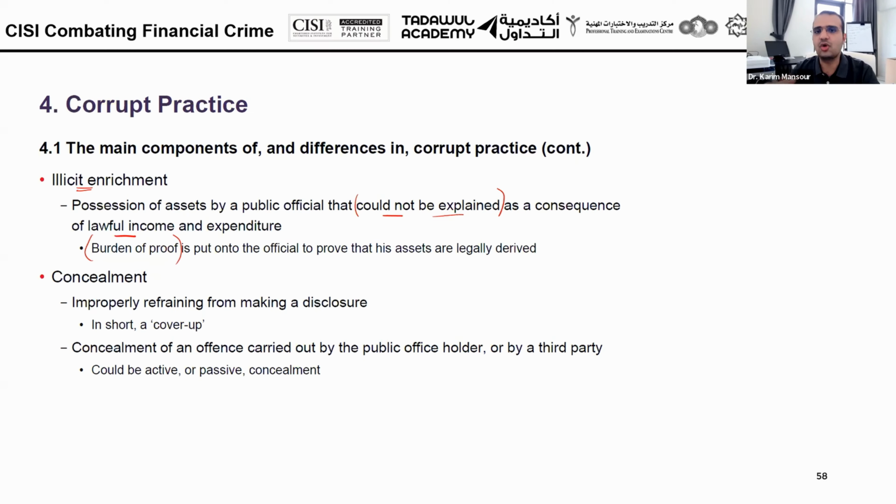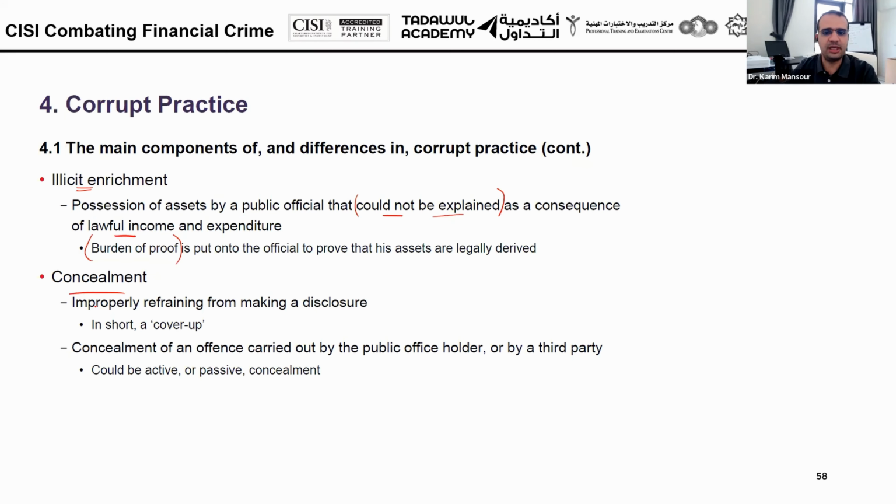Whenever you go to court, there's always the plaintiff and the defendant, and the court's trying to say, okay, what's happening here? Is the defendant responsible to prove that they didn't do it, or is the plaintiff responsible to prove that the defendant did it? Where does the burden of proof lie?